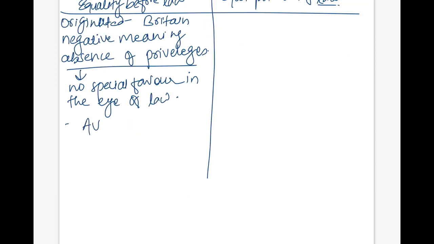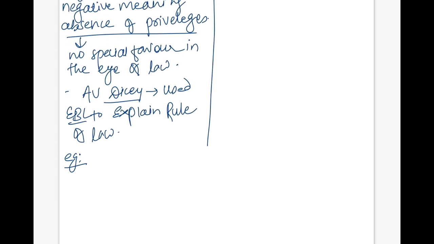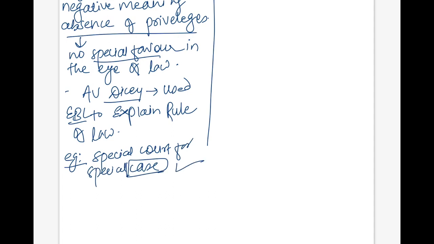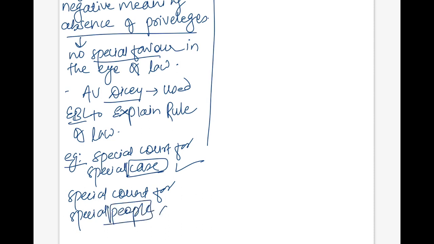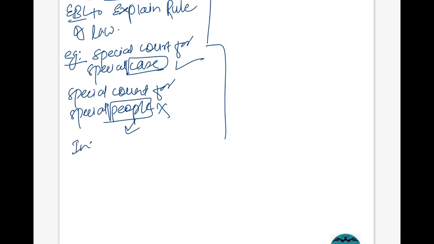It was given by A.V. Dicey and used to explain what is rule of law. Example, that absence of privileges or no special favor. A special court for a special case is allowed, while a special court for special people is not allowed. This was violated once during Indira Gandhi's tenure.